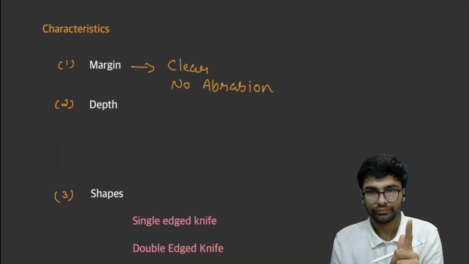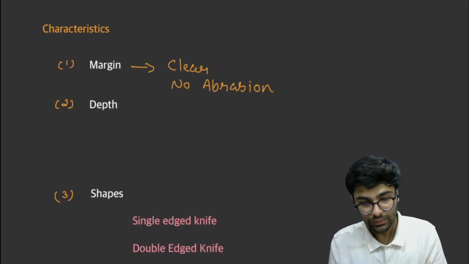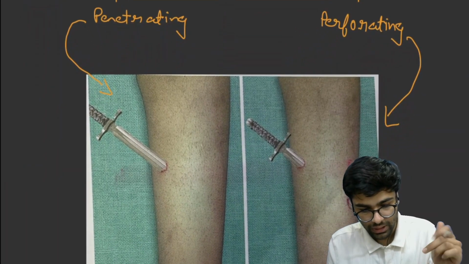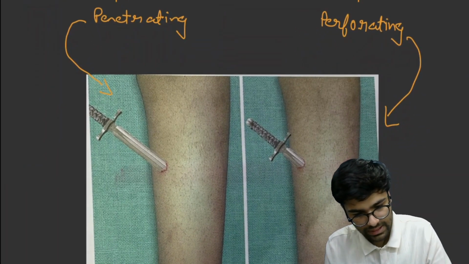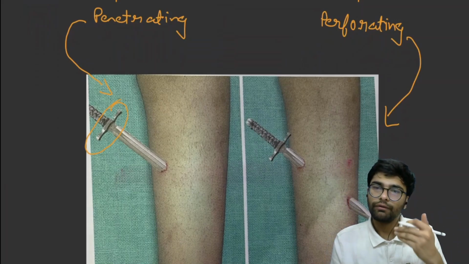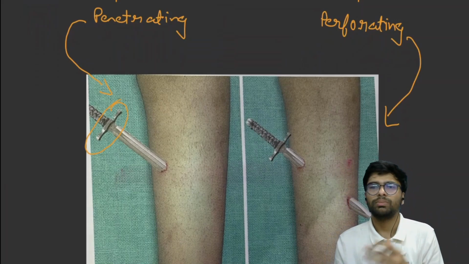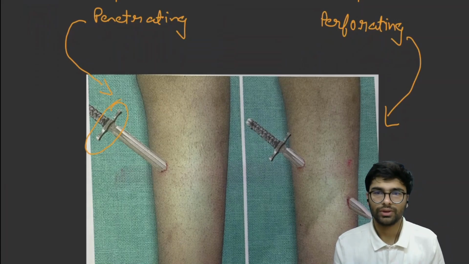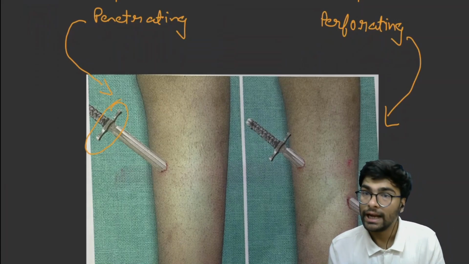There is just one exception in which we can see abrasion, and that is hilt mark abrasion. What is hilt mark? Let me show you the image of hilt mark. Okay, so here you can see this is hilt mark, end of any weapon. Of course, this is not present in every knife, but they are present in some of the knives. Okay, so that is the hilt mark.